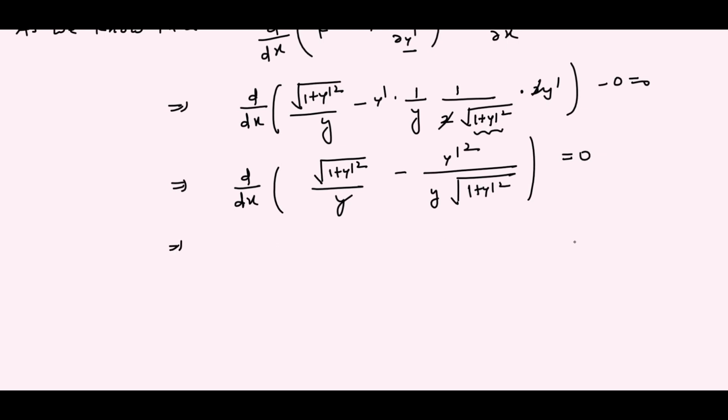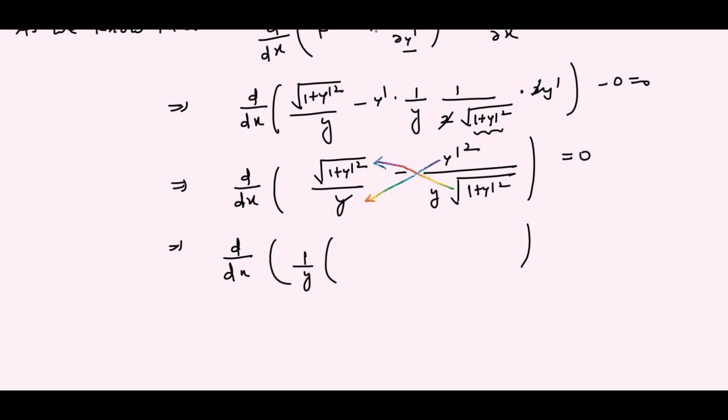So now d over dx. Simplify this bracket. Take the 1 over y outside. Now cross multiply. So if I take the 1 upon y as a constant outside from the bracket, then we have to multiply the y dash square to 1.